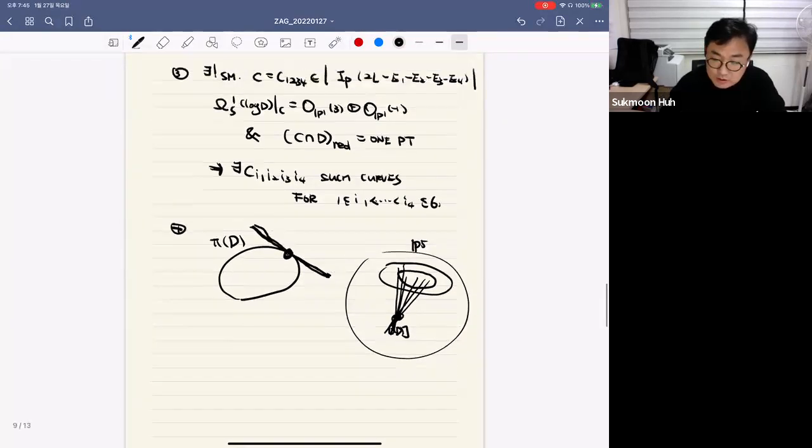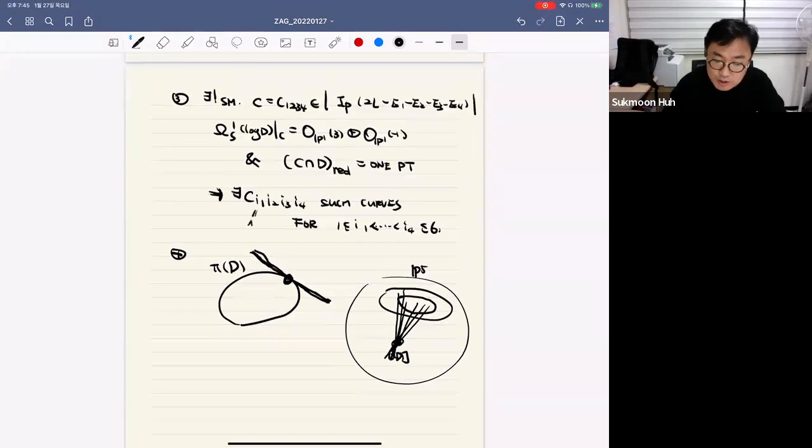Now, if you fix I1 to be 1, that means our smooth conic is passing through P and P1, right? So that is parameterized by P3 in this P5. That intersects with this cone at most at 4 points because this is degree 4.